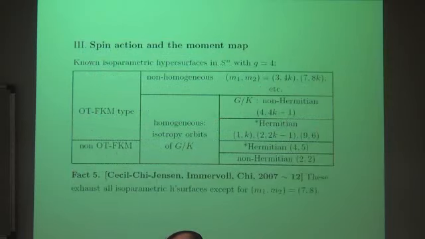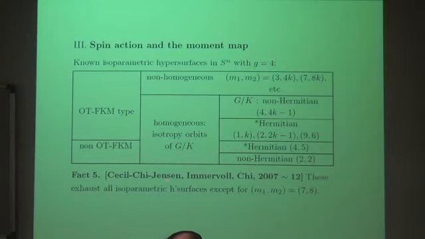So I move to the case g equals 4. The examples known up to now are classified in this way. Almost all the cases belong to the OT-FKM type. OT means Ozeki-Takeuchi, and FKM means Ferus-Karcher-Münzner. And these cases, as I said before, include non-homogeneous examples and homogeneous examples. And there are only two non-OT-FKM type hypersurfaces with 4 principal curvatures.